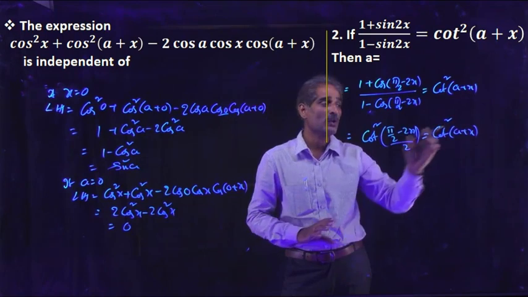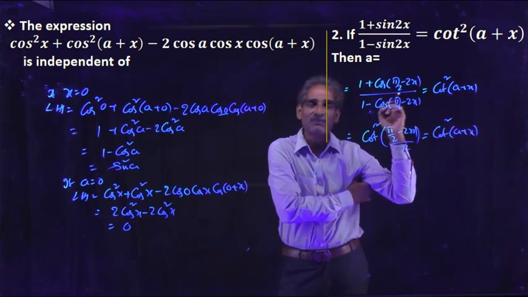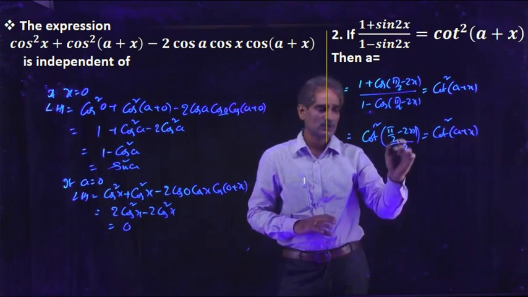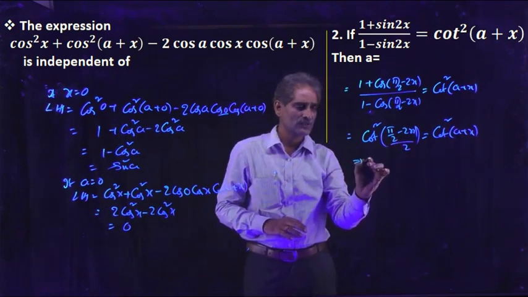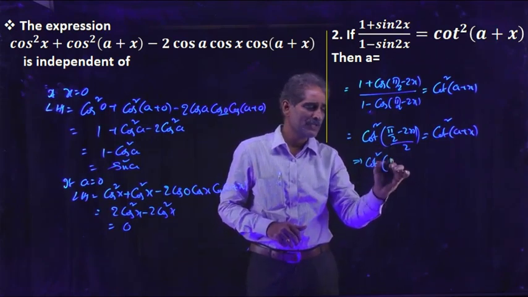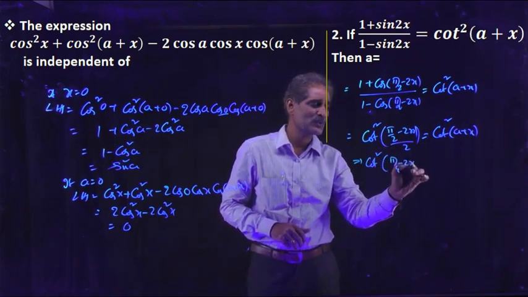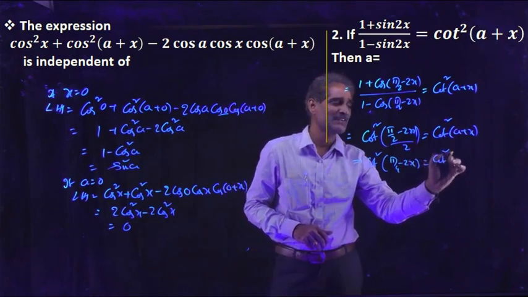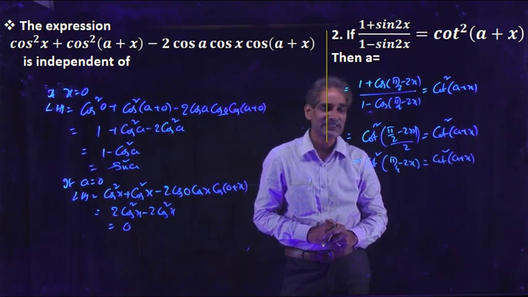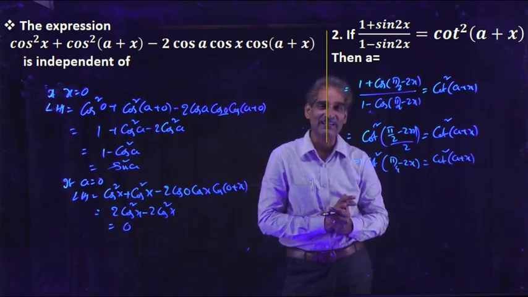Okay, so we have to express it in a plus x form. Then we have to find the a value. So from this we are getting cot square (pi by 4 minus x) is equal to cot square (a plus x). Okay, now what is the value of a?